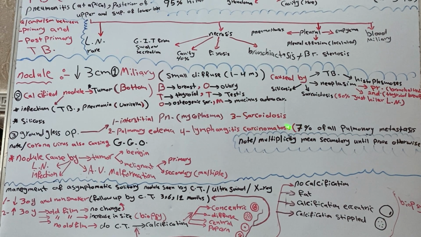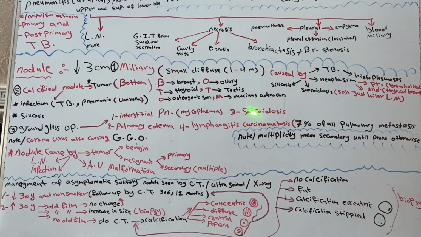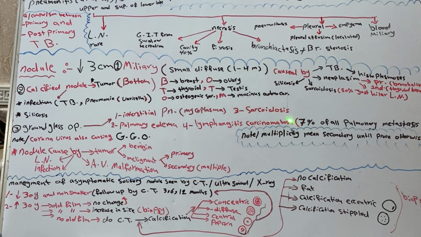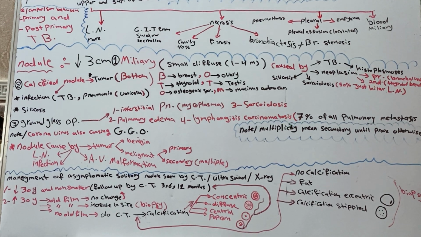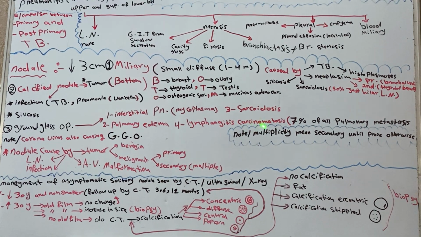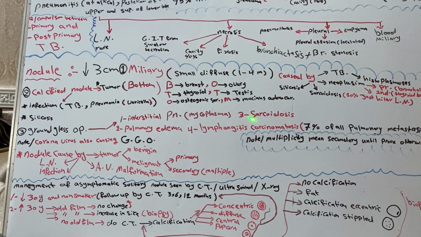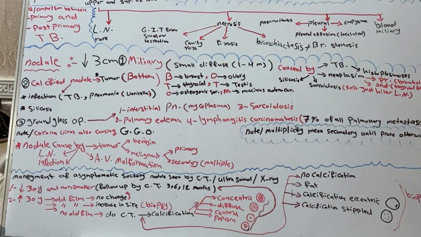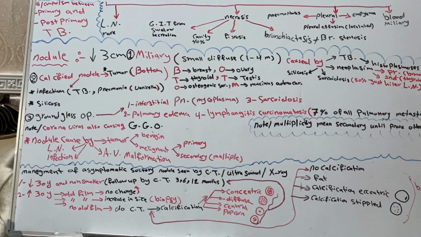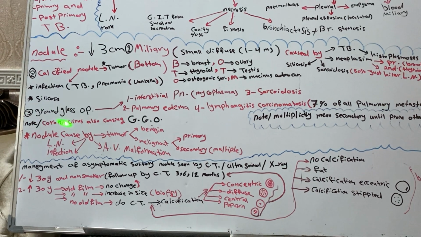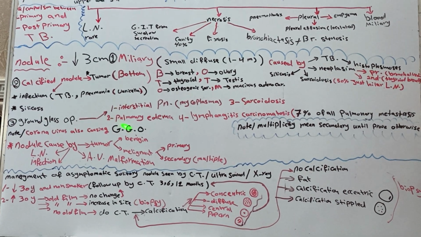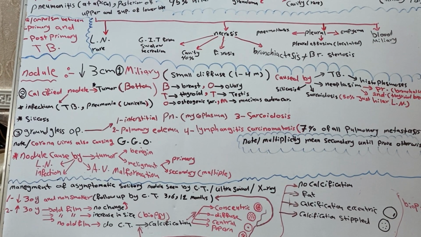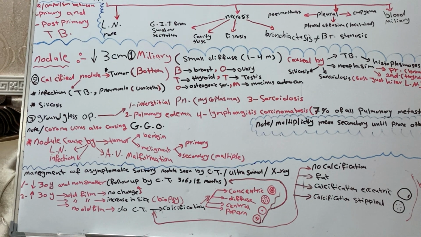Tumor emboli extend and involve the lymphatic drainage, causing peribronchial thickening with lymph node enlargement. This is lymphangitis carcinomatosis. Note, don't forget the coronavirus also causes ground glass opacity, which is nowadays very famous in our time.